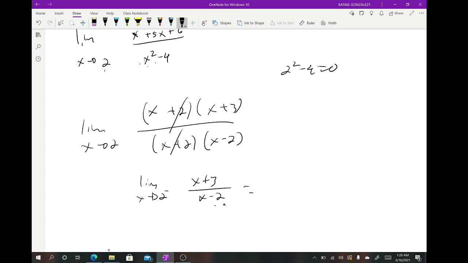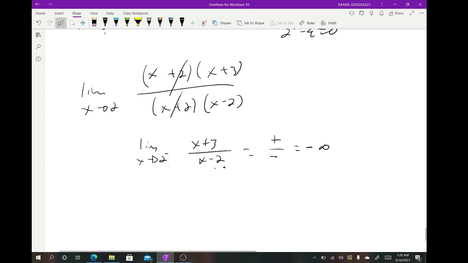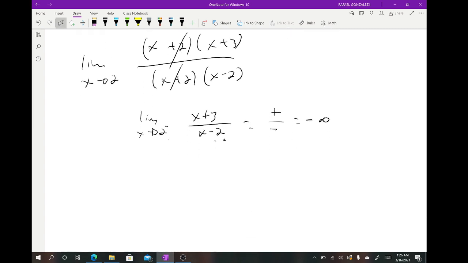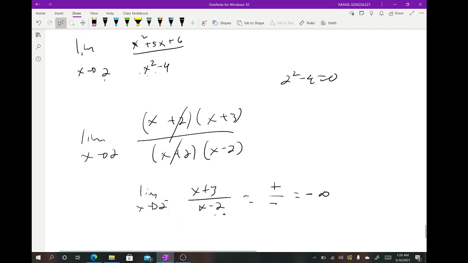So the numerator is going to be positive, and the denominator is always going to be negative, so it's going to be negative infinity. That's going down to minus infinity. That's a bad example on my end, because it didn't work out the way I wanted it to. I guess it still worked out, but anyway, let me do another one.